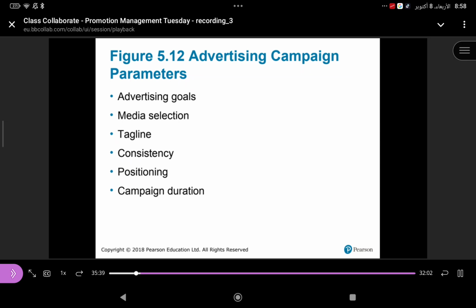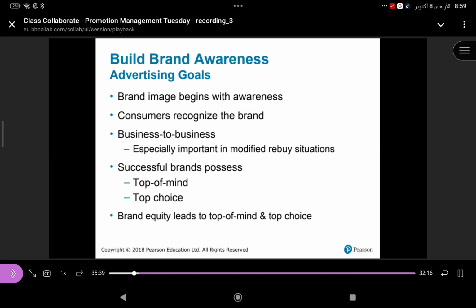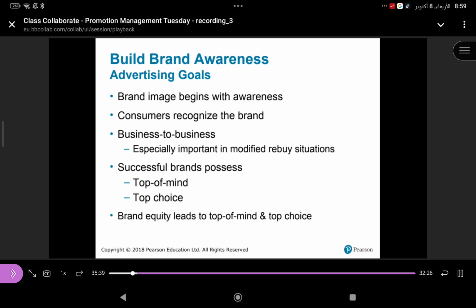So all these things are addressed in the concept of campaign management. There is a summary of all this campaign management which I have shared with you in the WhatsApp group. You can see from there.